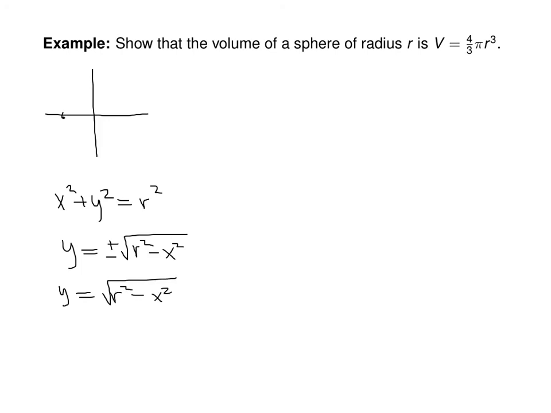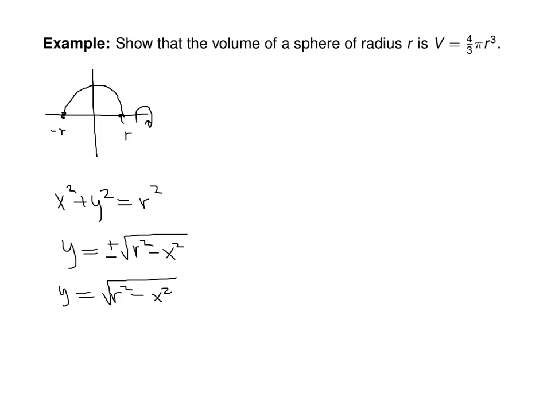And the thing to notice is if you take this curve from negative r to r, and you rotate that about the x-axis, that will give you a sphere. So we can find the volume of this solid of revolution using the techniques we learned in this particular section.